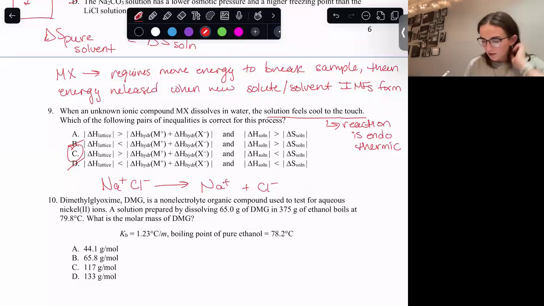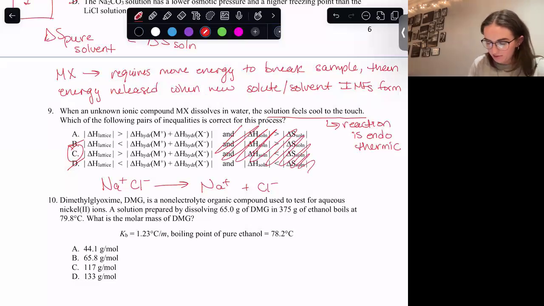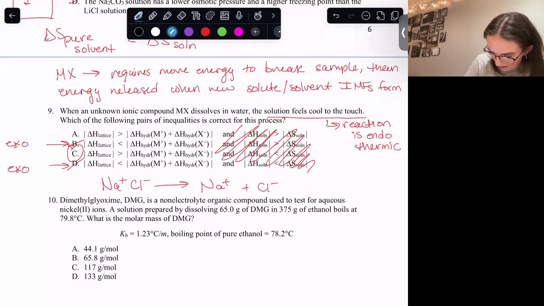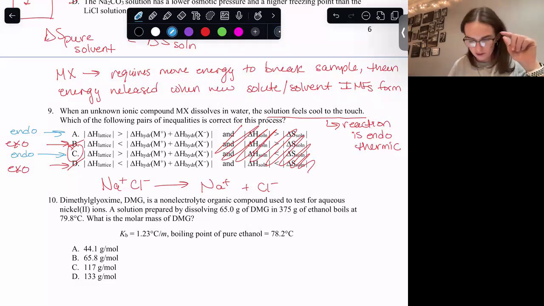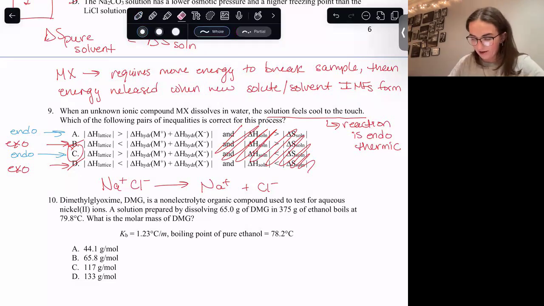So when we look at this, if we ignore this portion here, this portion is for exothermic, and then this one and this one here are for endo. That's what you're looking at for lattice versus hydration. And then if we're looking at the delta H of solution and delta S of solution, that's when it comes into play whether it is endo or exothermic.